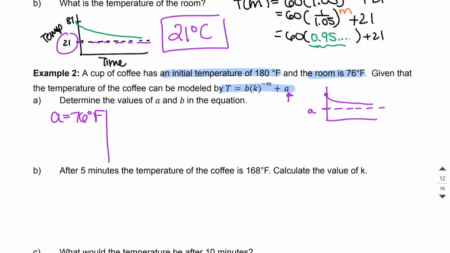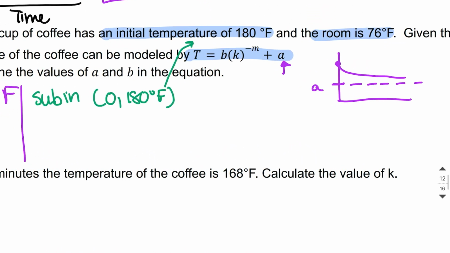So to find B, I'm going to sub in the 0 and the 180, because this right here is the initial temperature, and the initial temperature will happen at time 0. So here I'm going to say 180 equals B times K to the power of 0 plus, and now we know that A is 76, I'm going to say plus 76.